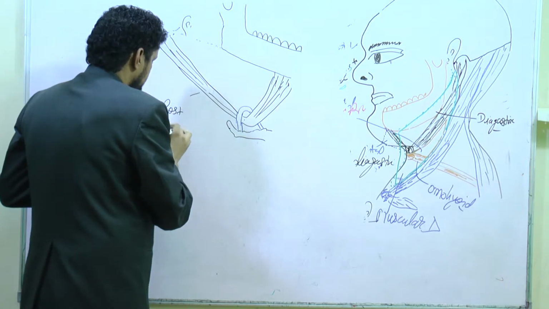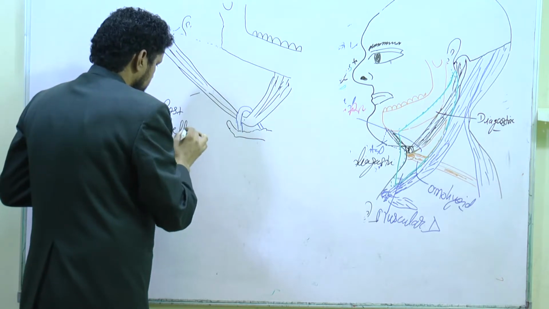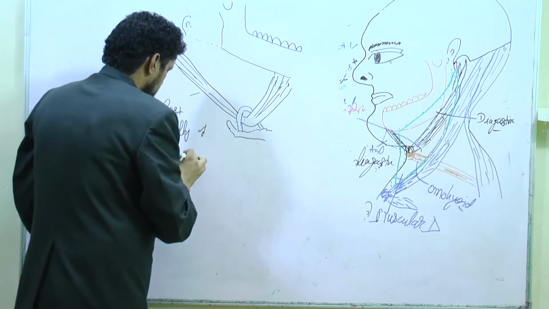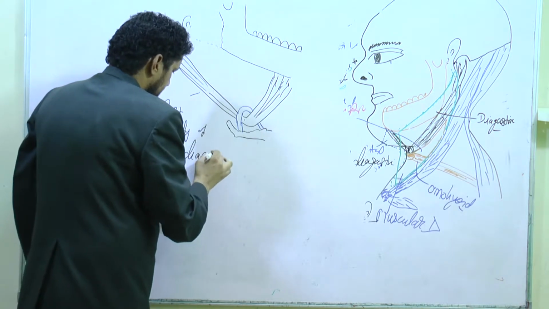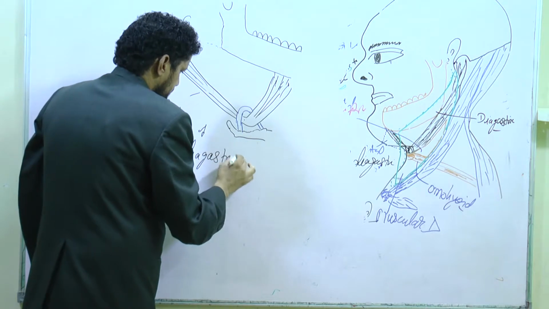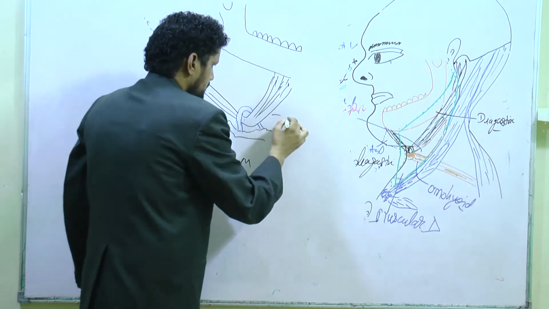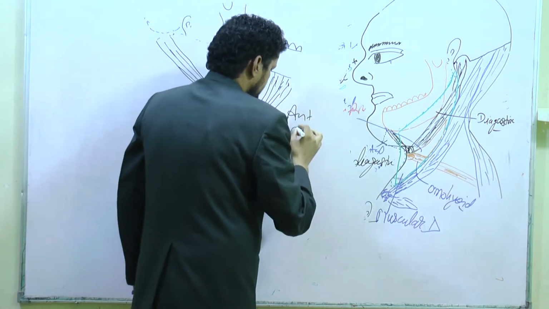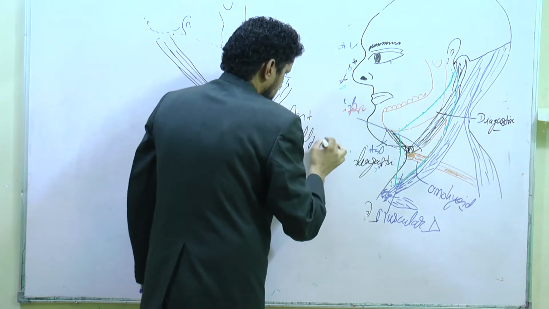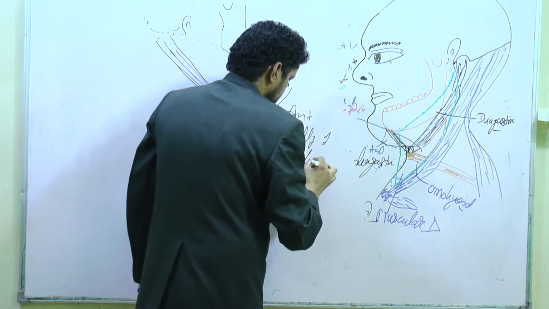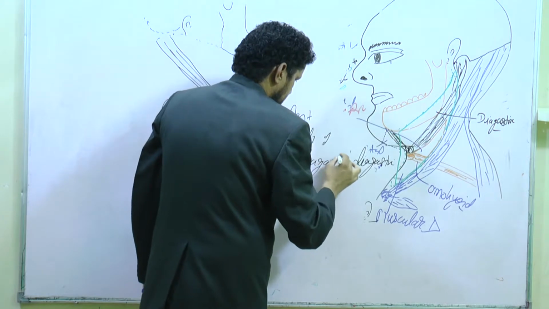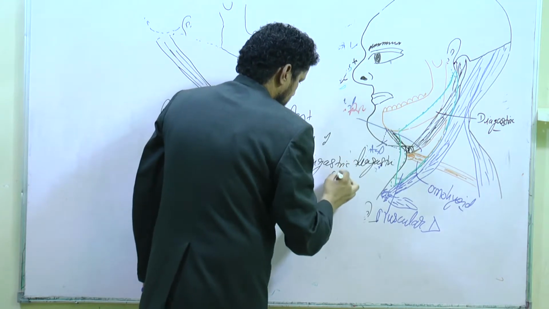So this is the posterior belly of digastric muscle, the anterior belly of digastric muscle.